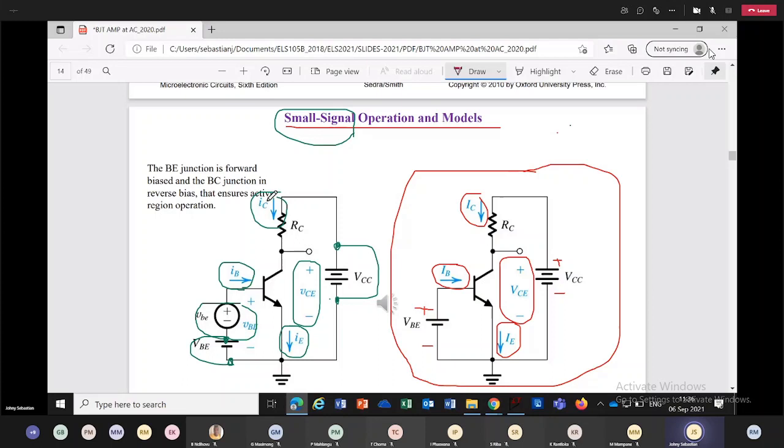This total collector current becomes small ic, that is the AC collector current. This emitter current will become like this, and the base current becomes small ib.